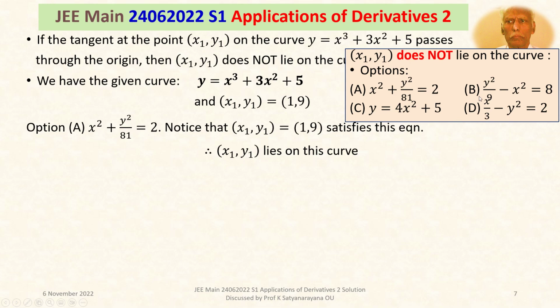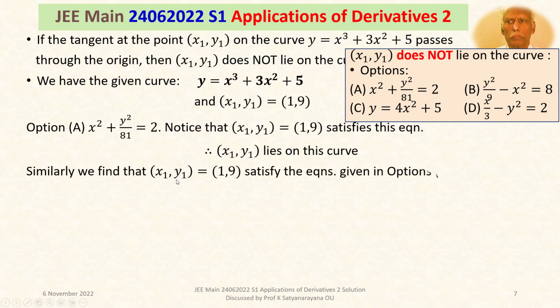Similarly, go to option B, put y is equal to 9, x is equal to 1, then you will get y square by 9, that is 81 by 9 is 9, 9 minus 1 is 8, so equation B is satisfied. Similarly, equation C is also satisfied by this point 1 comma 9. So we find that the point 1 comma 9 satisfies the equations given in options A, B and C. Therefore, x1, y1 lie on these curves.